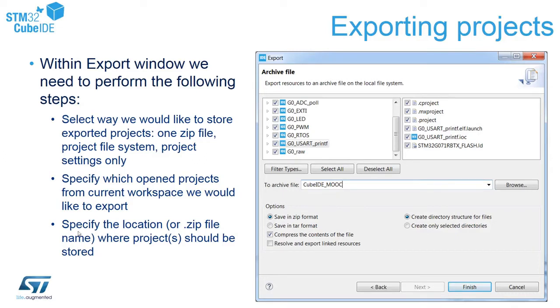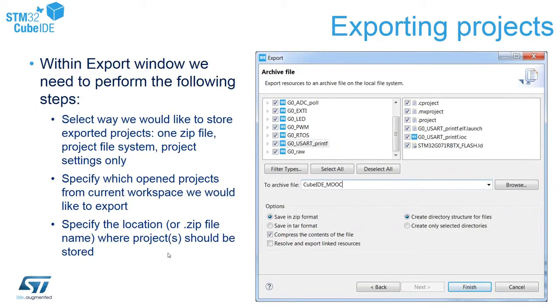This is the window below. We need to press browse and select the archive name. Then we need to specify the format. It can be zip, it can be tar. I would use a zip file, and then once you do all those operations, you need to press Finish.